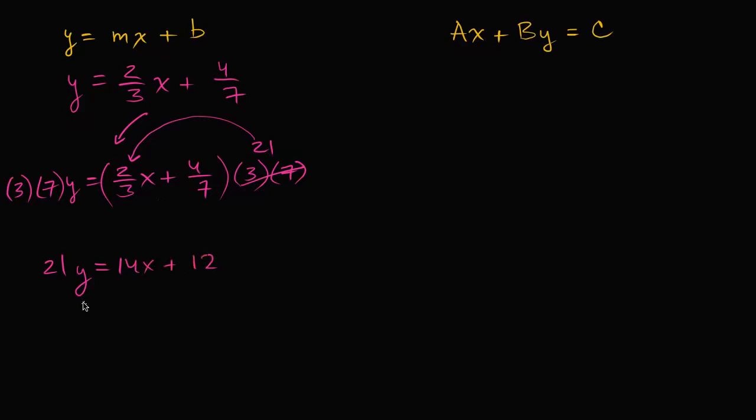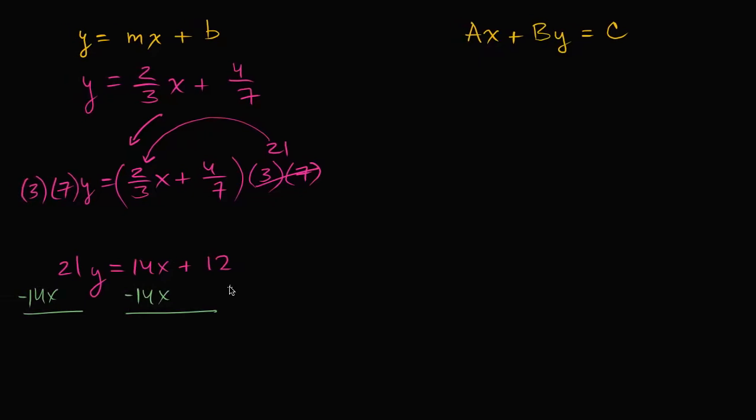And now I want to get all the x's and y's on one side. So I want to get this 14x onto the left side. I'm going to do that by subtracting 14x. I can't just do it on the right-hand side. I have to do it on the left-hand side as well. So I want to subtract 14x. And then what am I left with? Let me give myself a little bit more space.